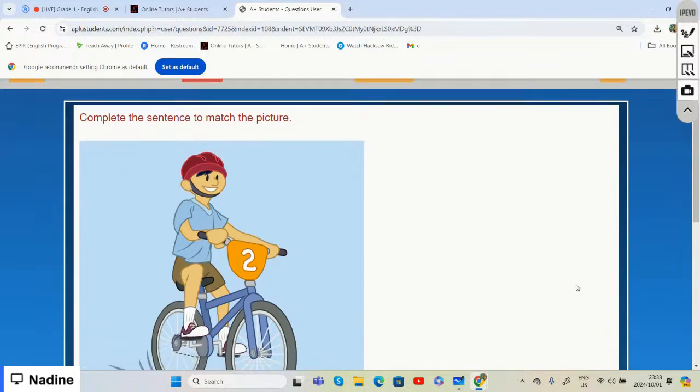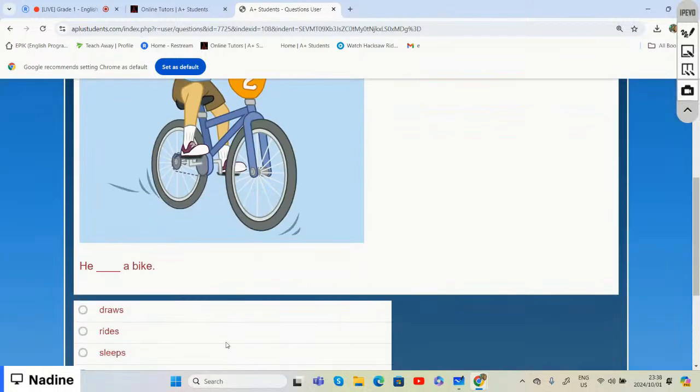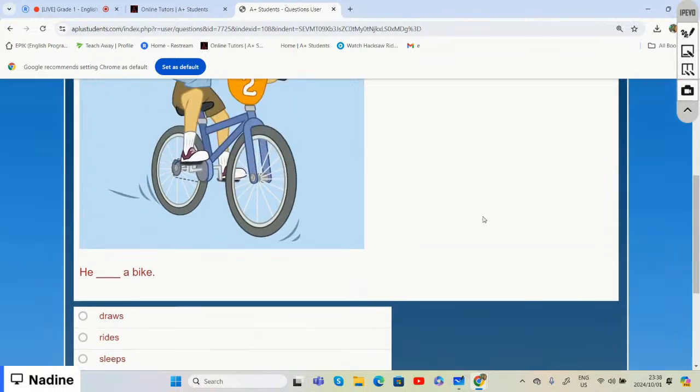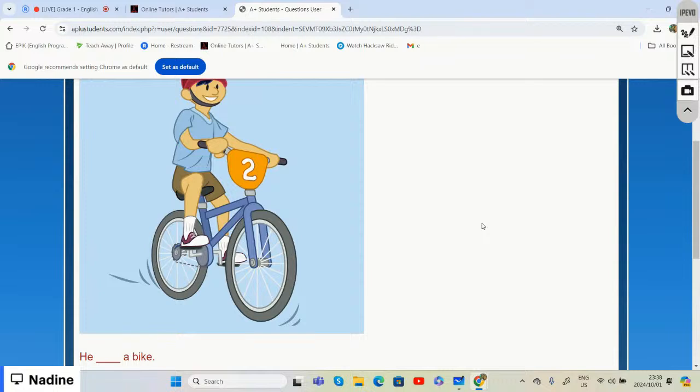And if we look at this picture, what do you think the boy is doing? It says he draws a bike, he rides a bike. Do we say he sleeps a bike? Or do we say he buys a bike? We need to say what the boy did.